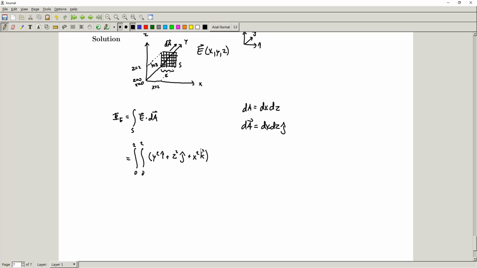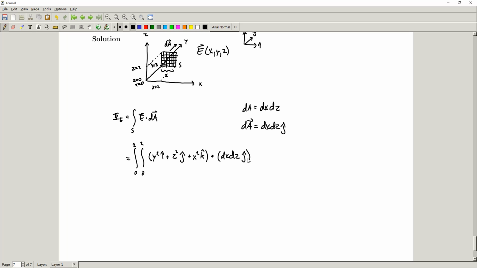And obviously this electric field could be anything. We just chose this electric field at random, kind of. And then this is our dA. We have dx dz in the positive j hat direction.